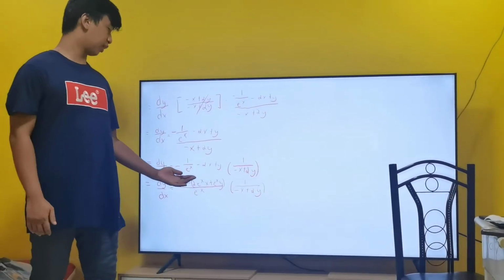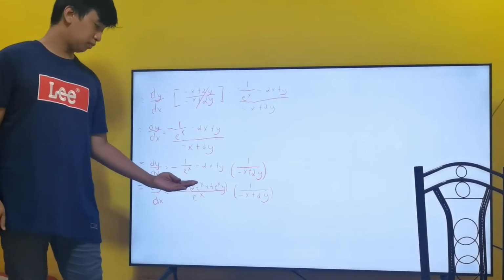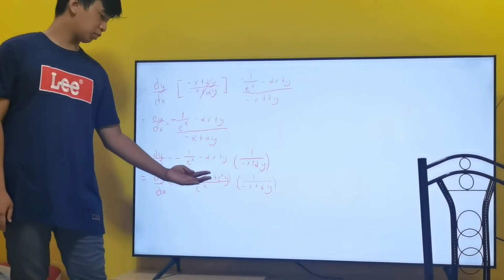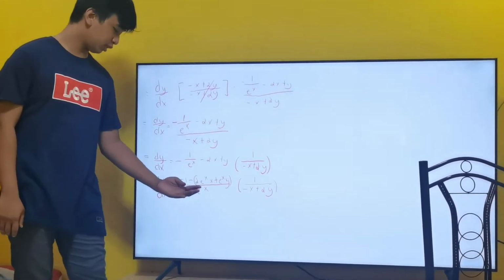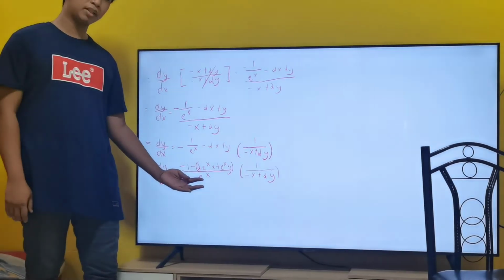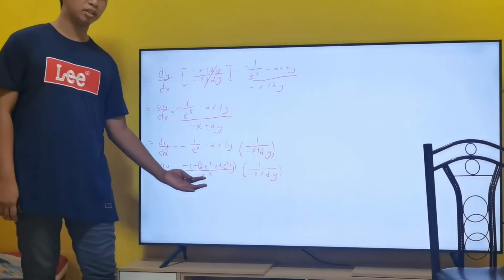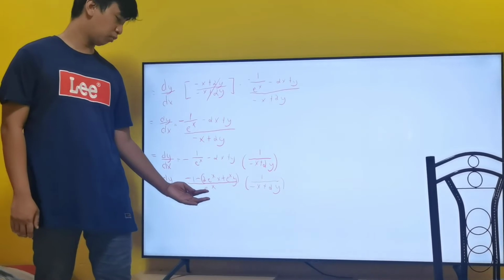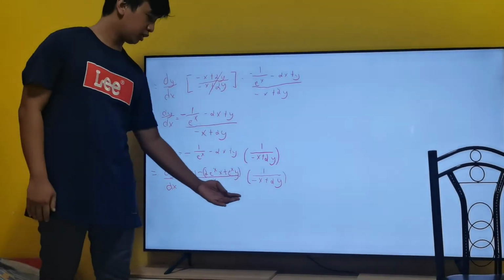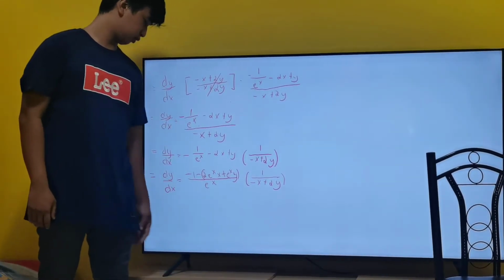In this part, negative 1 over e raised to the power of x minus 2x plus y, we apply cross multiplication, so we can get negative 1 minus, close and open parenthesis, 2e raised to the power of x plus e raised to the power of x y over e raised to the power of x multiplied by 1 over negative x plus 2y.